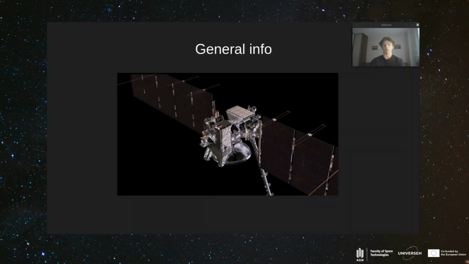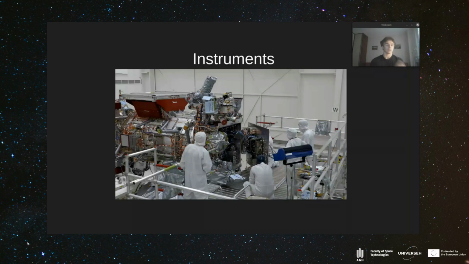So now I would like to move to the instruments. They are categorized into 5 categories. Each category has 2 instruments only, or more precisely, 2 science investigations, and I will try to distinguish those instruments from each other, what they are responsible for and what they will do when they will be at Europa's flybys.